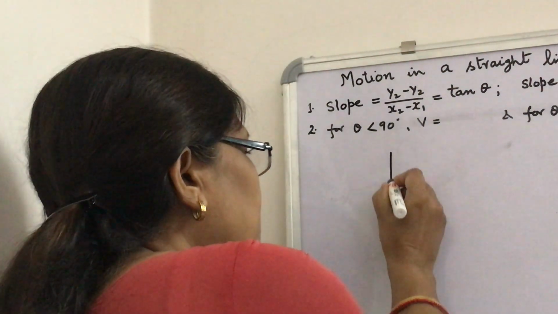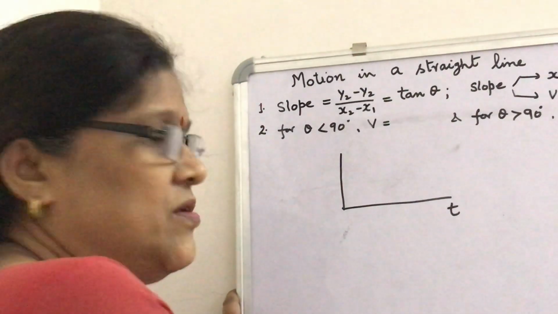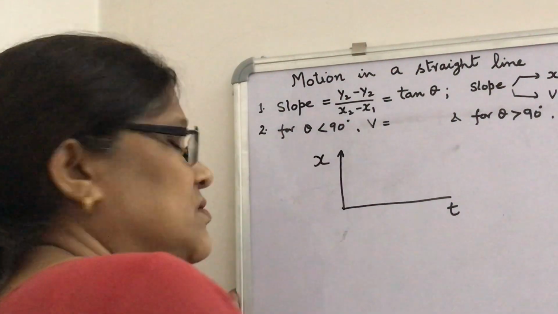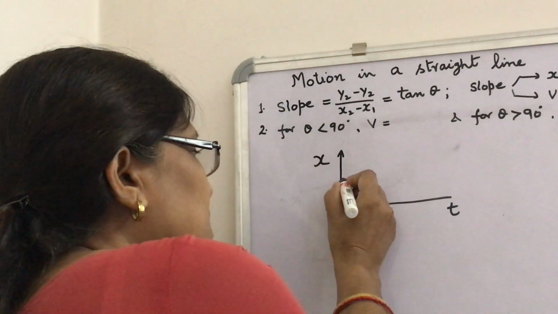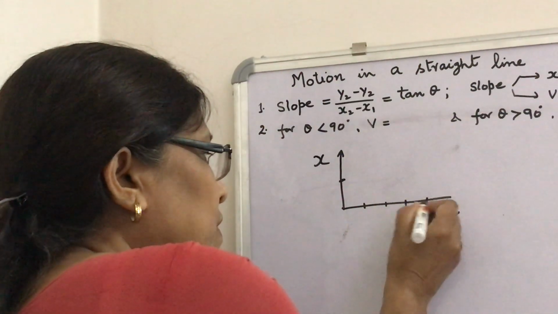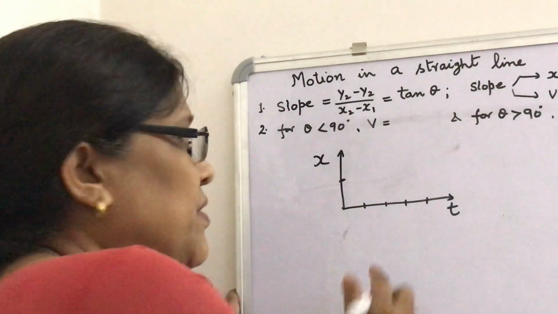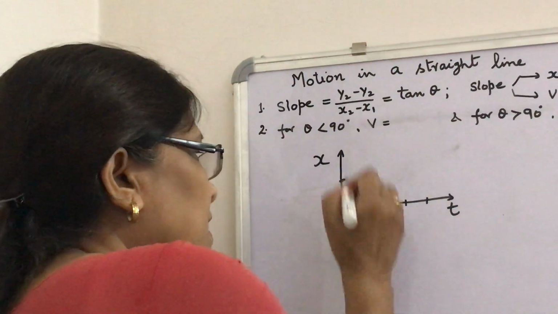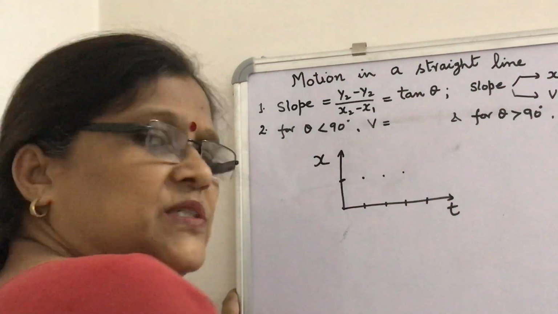You plot the graph for x and y axis, and on the x axis you take time, and on the y axis you take position. Since the object is at rest, as the time goes 1, 2, 3 or whatever the value, the position doesn't change. At 1 second you get here, at 2 seconds you get the same position, at 3 seconds you get the same position.